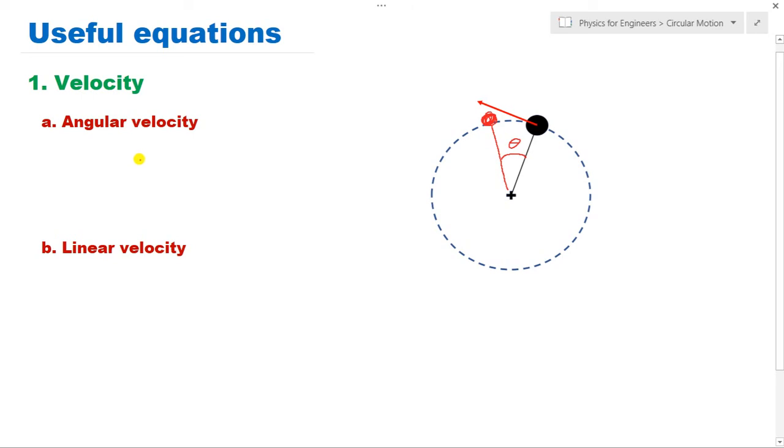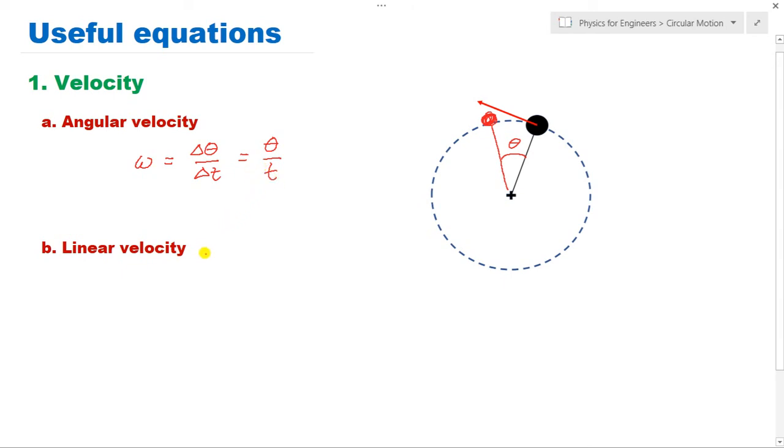We'll denote this as W, and this is equal to the rate of change of your theta, so the rate of change of your angular displacement over the rate of change in time, or in short, you can simply write this as theta over time. So this would be our angular velocity.